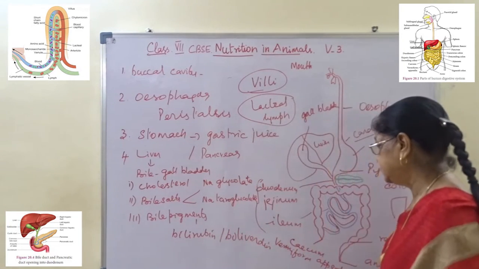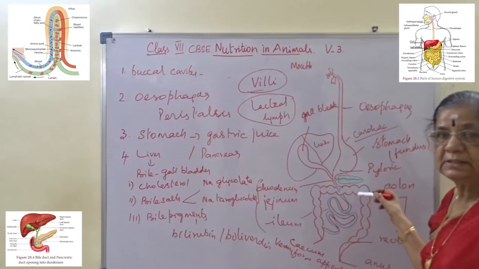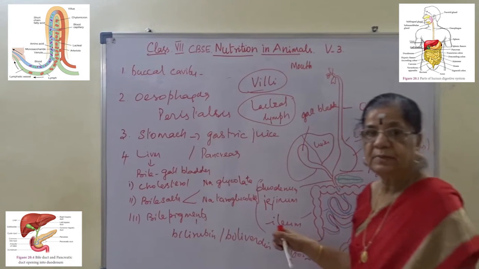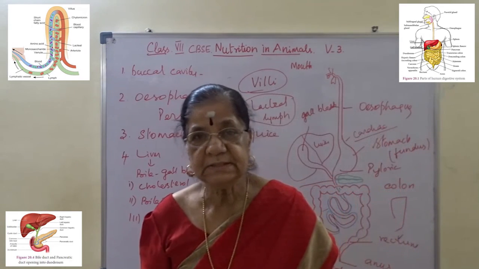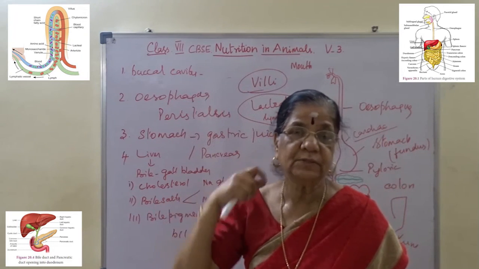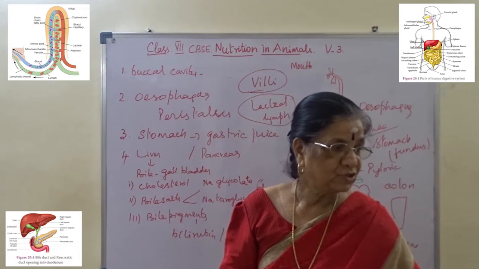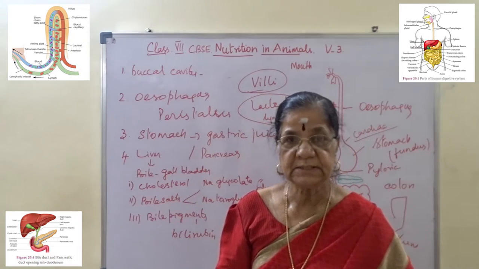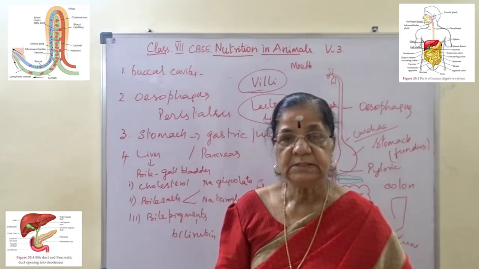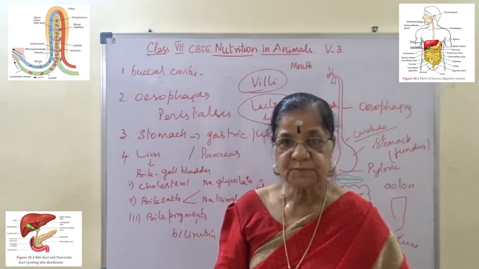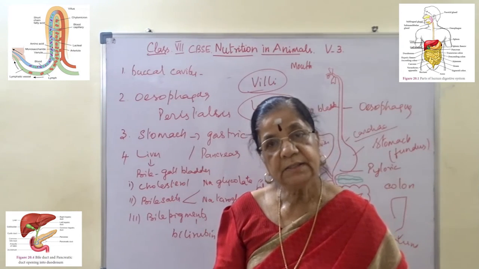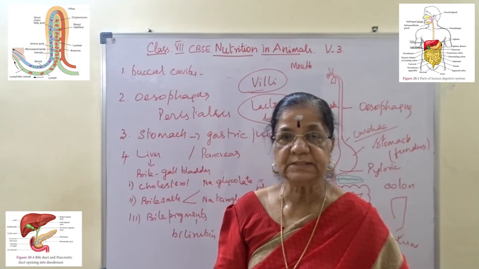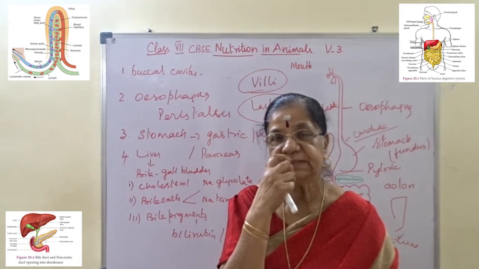And then undigested food material is sent out through the colon, rectum and anus. I hope you understand. So this is the process of digestion with the steps of ingestion, digestion, absorption, assimilation and egestion. These are the 5 steps that take place in the human digestive system.